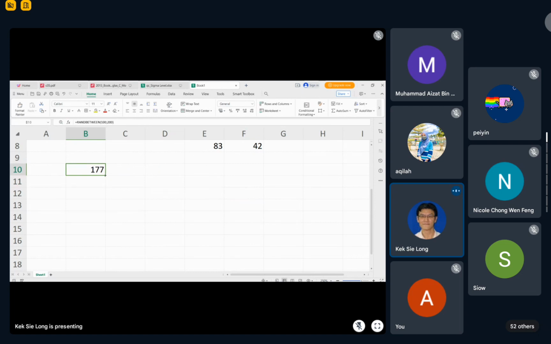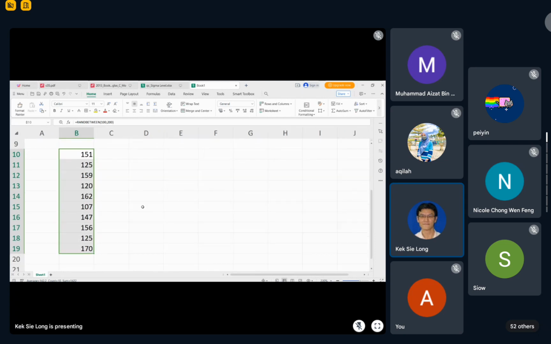Let's say we take 10 values. Okay, I have 10 values here. So this is a sample. In this sample, I have 10 values. What is the mean? Average.